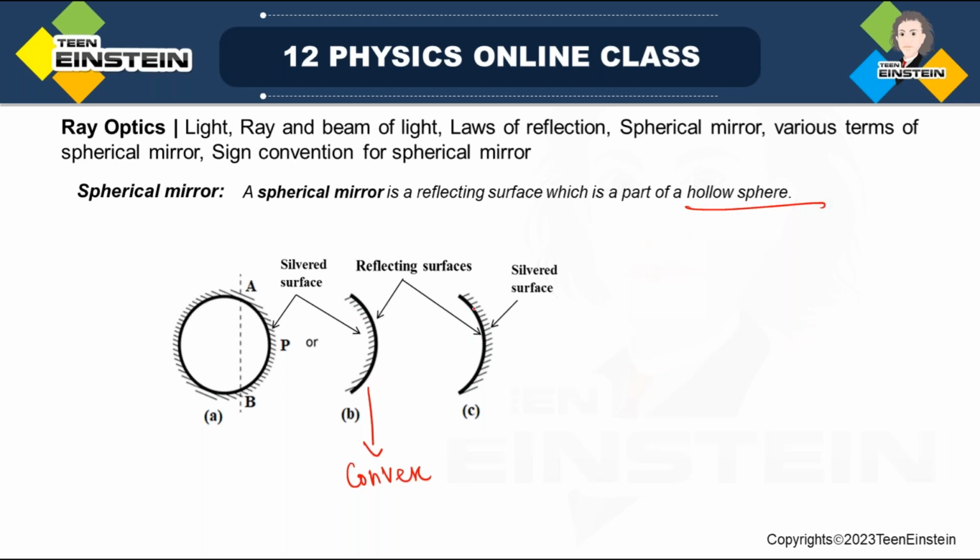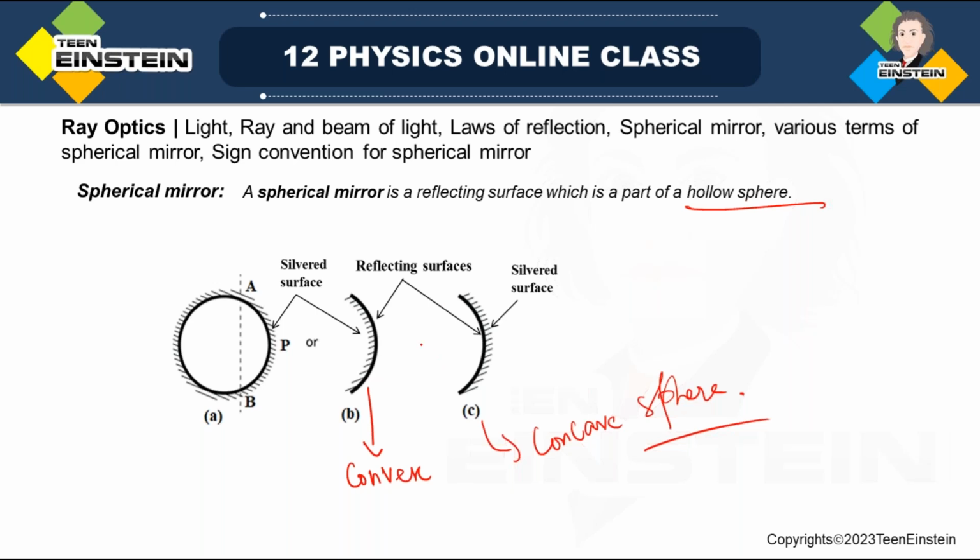If the bulge portion of the spherical surface is polished with silver, and the inner part of that surface is acting as a reflecting surface, then it is called a concave mirror.